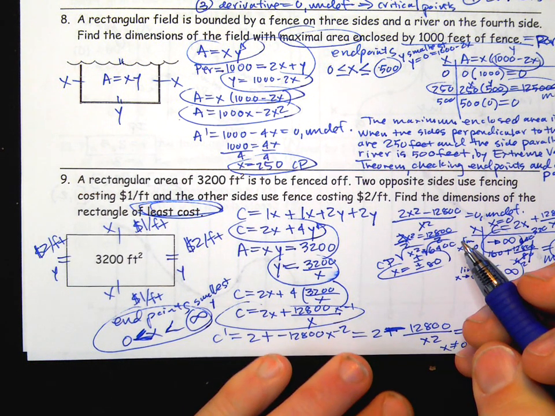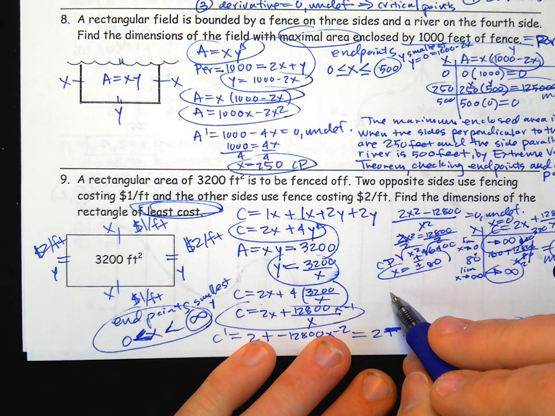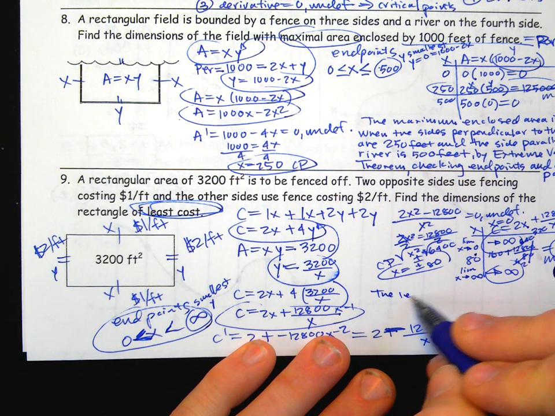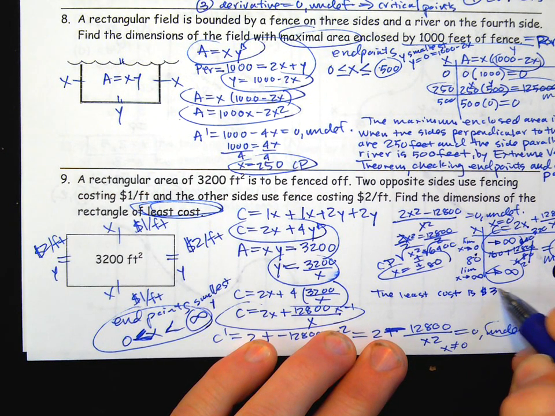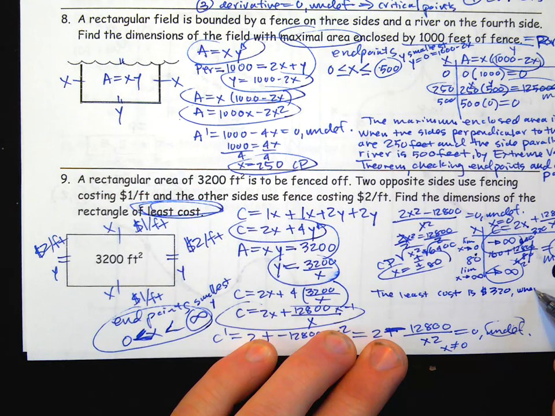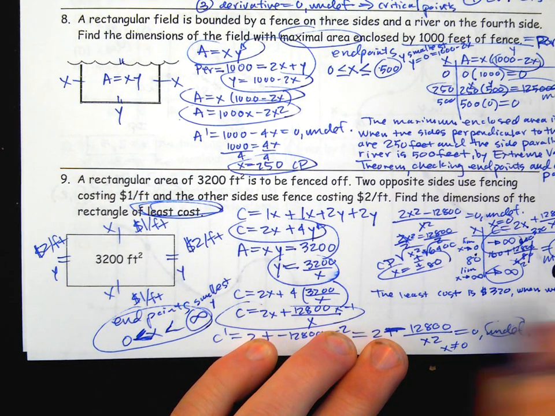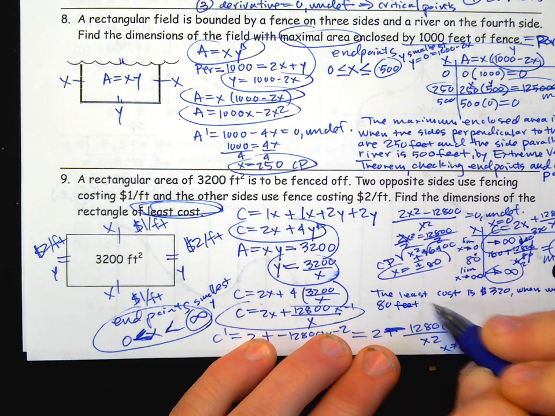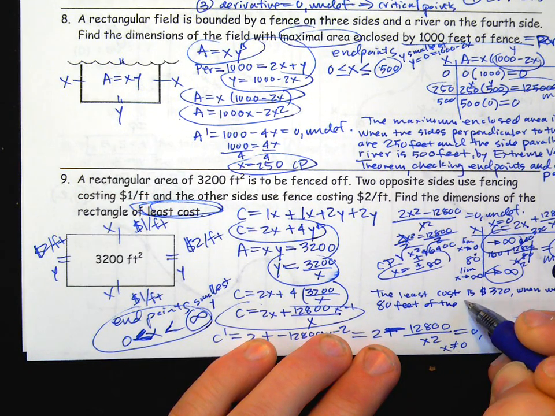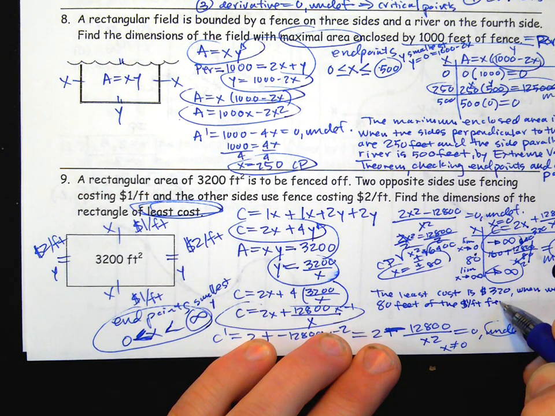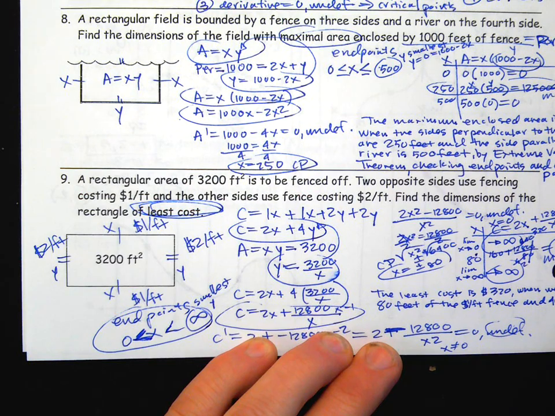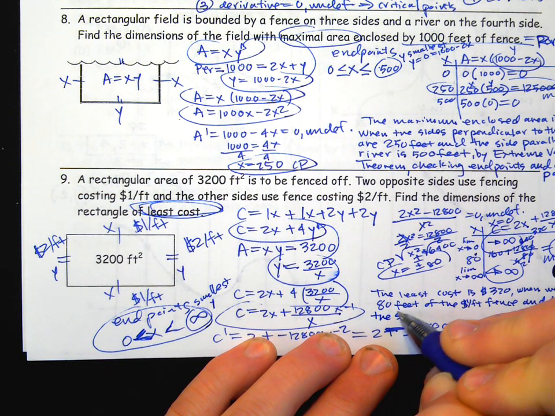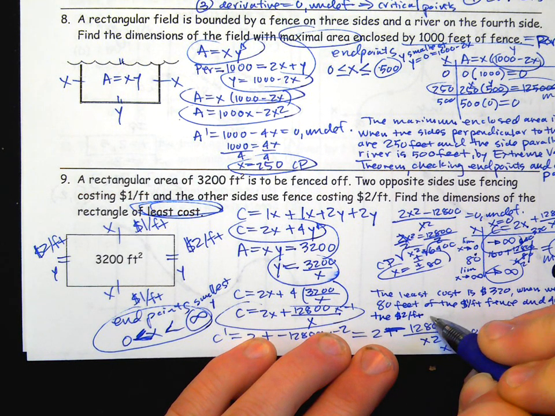So we could say the least cost is $320 when we use 80 feet of the $1 per foot fence and 40 feet of the $2 per foot fence. So that's the answer.